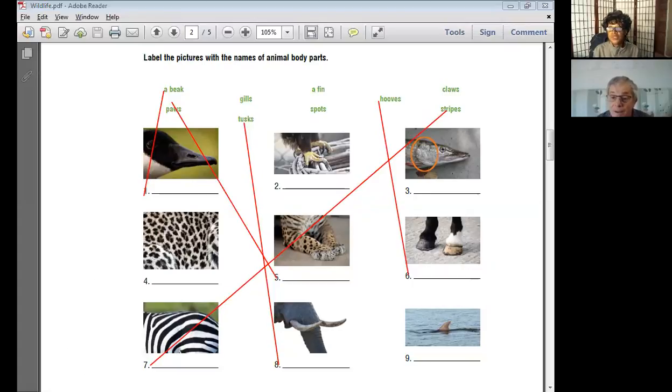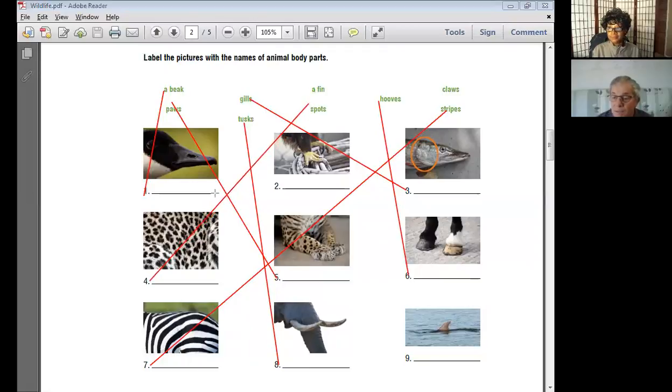Okay, gills. Gills are things that small fish will have to breathe. A small fish will use his gills to breathe. I didn't know. Perhaps on the skin of this animal there are claws. Well, I think number four is going to be spots.